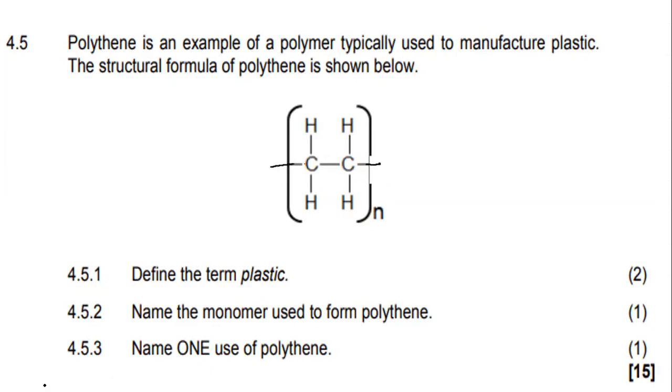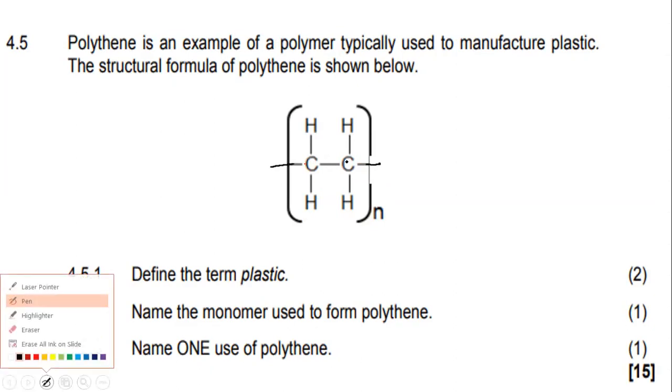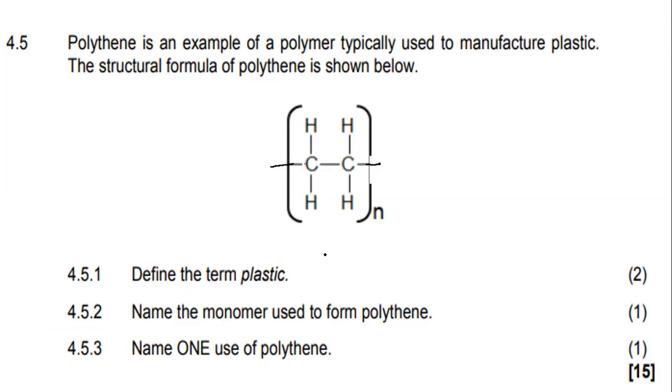There we go. Right. Then they tell us this is the structural formula of polyethylene, and we definitely agree with that. It is polyethylene. It's a polymer. We can see the chain can grow longer to the left because it's a very large molecule. It is a polymer.